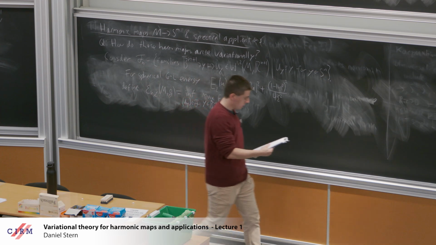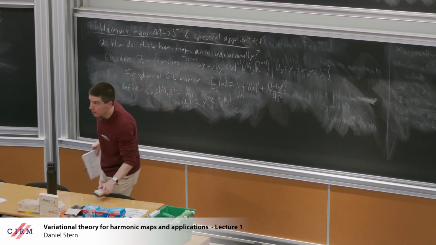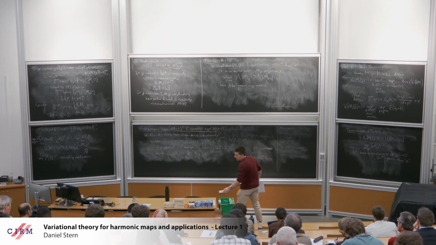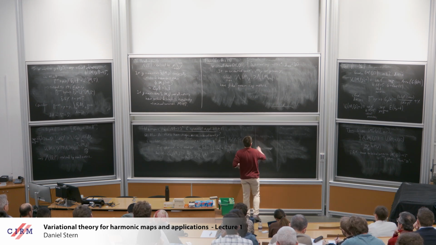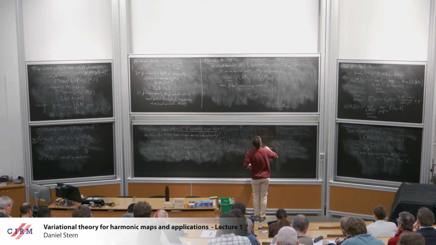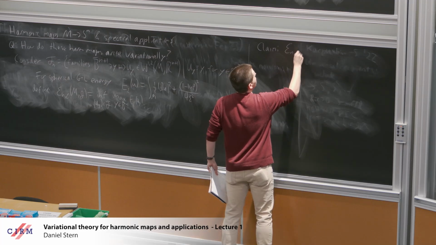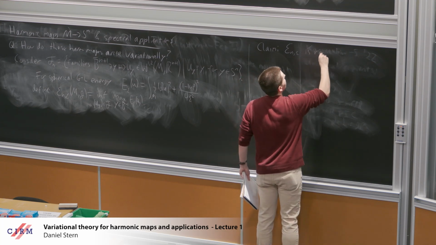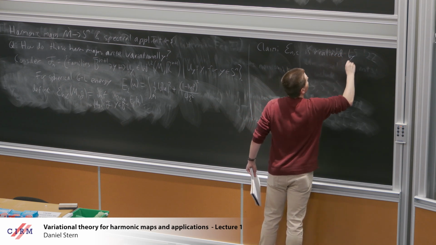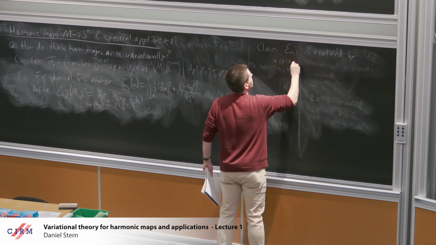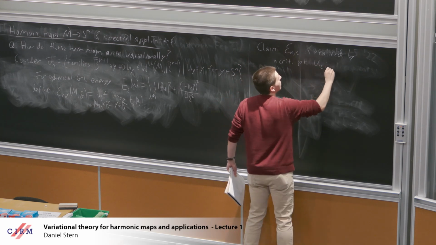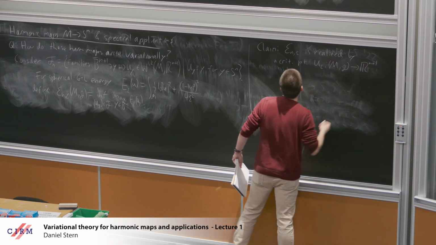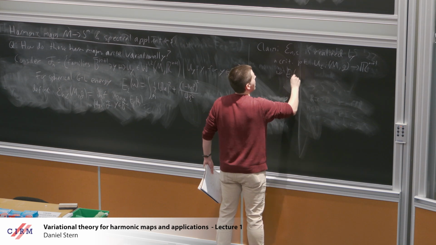Okay, so because you've already by now done your exercise to check that these E epsilons are nice, smooth, Palais-Smale satisfying functionals, we can say that this E sub n epsilon, for n bigger than or equal to 2, as soon as these families are non-empty, is realized by a critical point u epsilon from M to R^{n+1}, whose energy is going to agree, right?